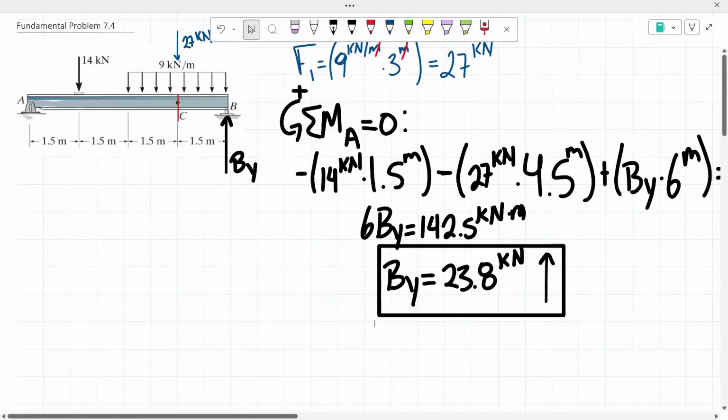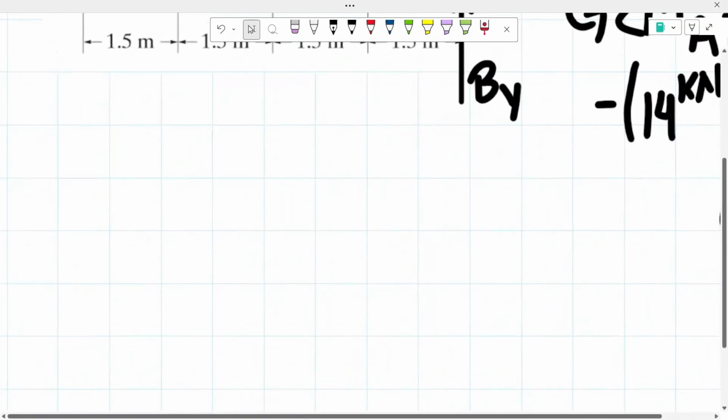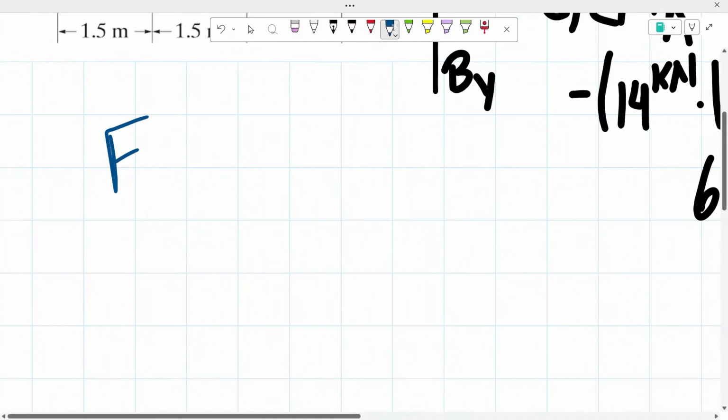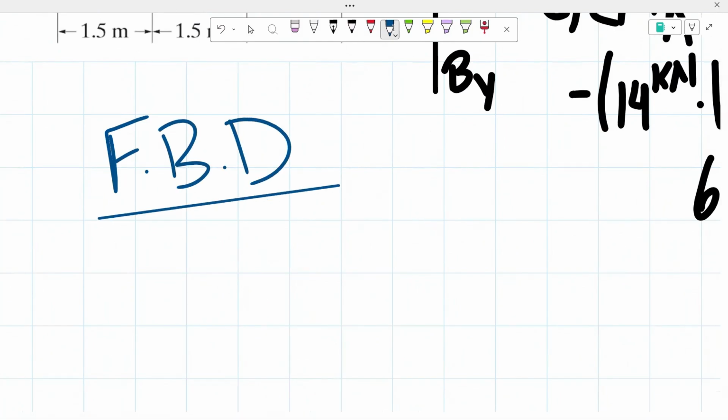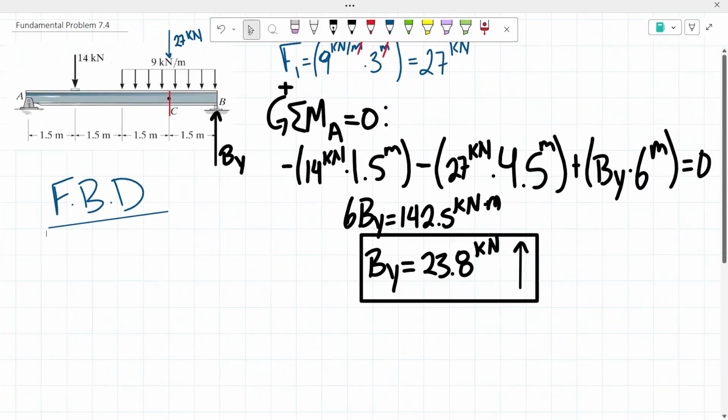Now that we have our reaction B sub y, the next thing that we're going to do is draw a free body diagram of the side of the beam that we're going to be working with. So in this problem, we're dealing with the right side of the beam, so I'm going to be drawing a free body diagram of the right side of the beam.